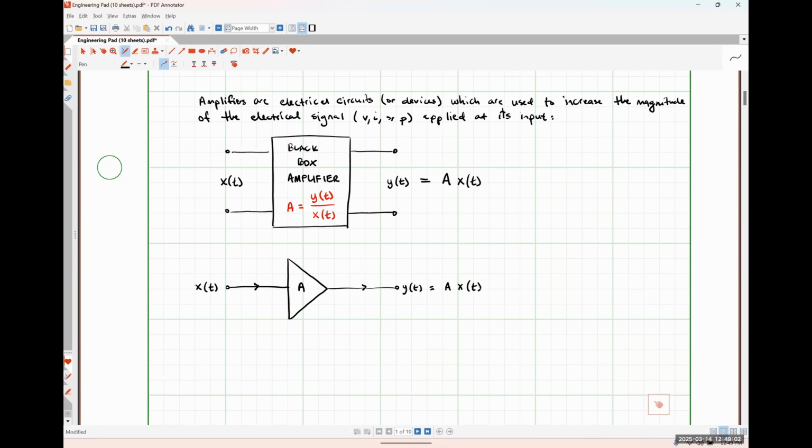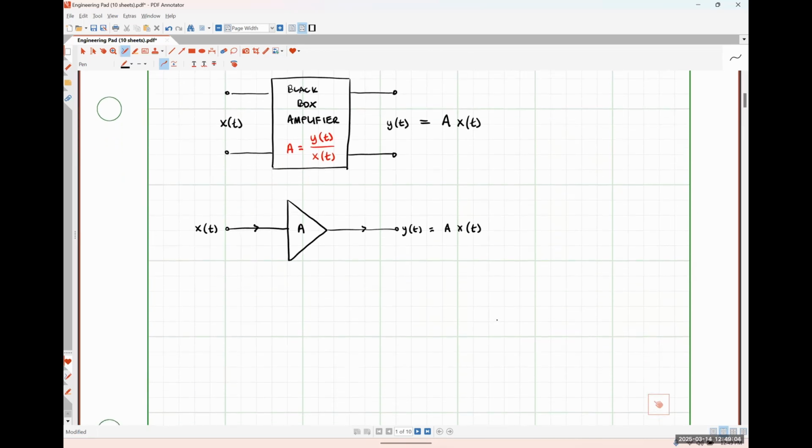Okay, so let's talk about different types of amplifiers real quick, okay? There are lots and lots of different ways that amplifiers can be classified. We are going to work at the most basic level in this class, since this is your first real quote unquote electrical engineering course, okay?